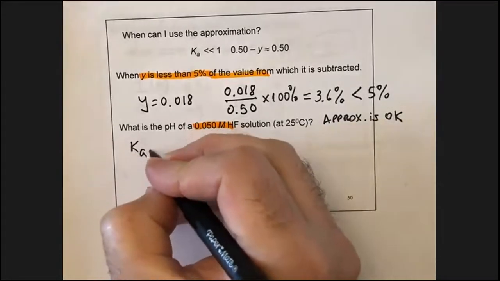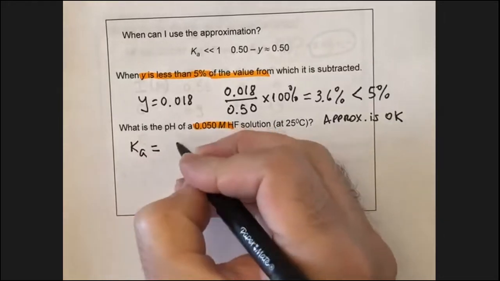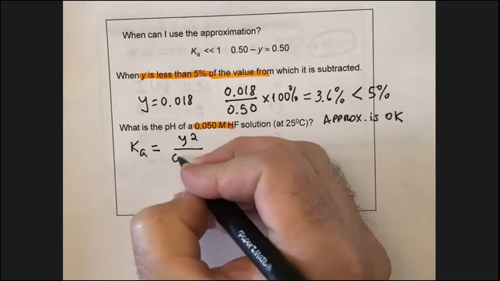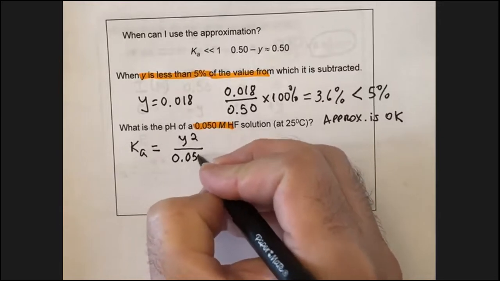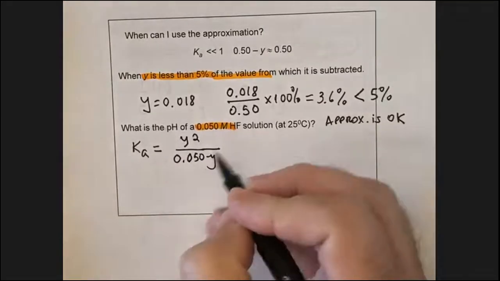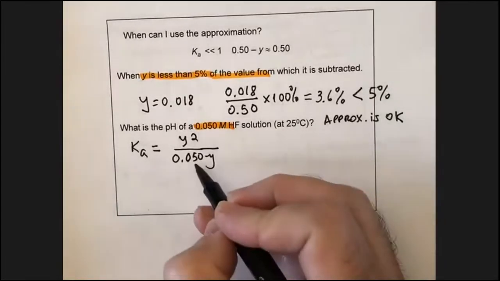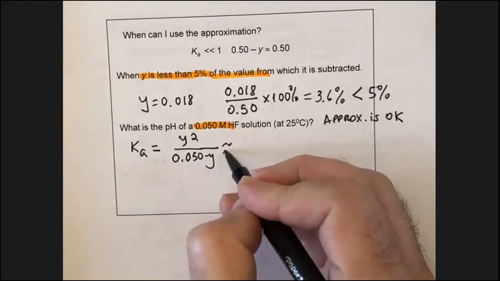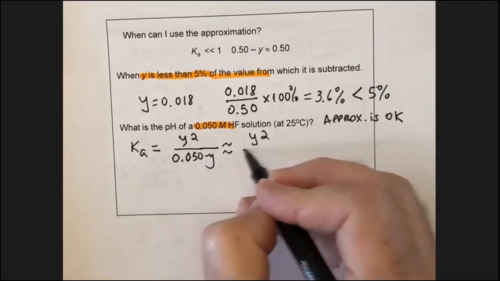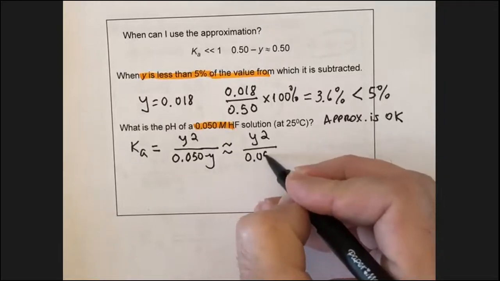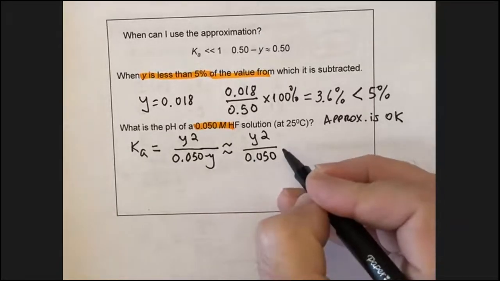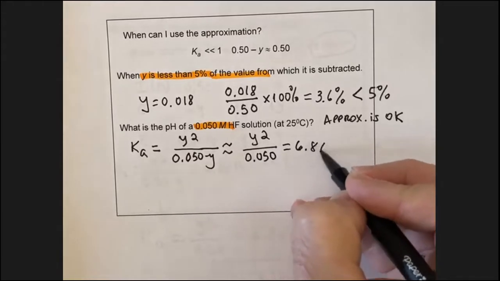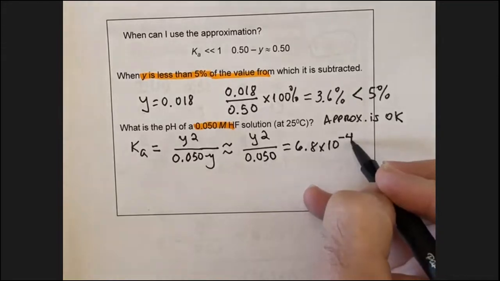Ka would equal y squared over 0.050 minus y. Remember, it's the same as before, except that this time we're starting at 0.050. So that would be approximately the same as y squared over 0.050, and we're saying that equals 6.8 times 10 to the negative 4.